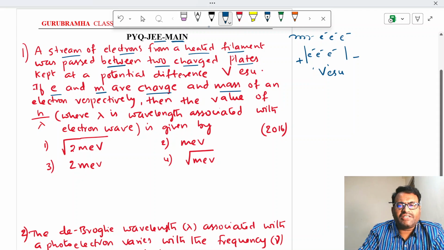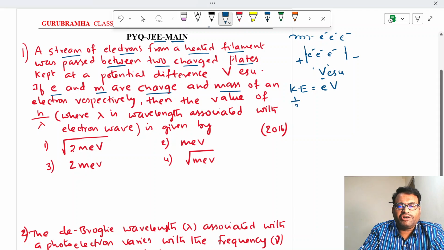When an electron is accelerated between these two plates, and the potential maintained between them is V, then the kinetic energy attained by that electron is given by eV.